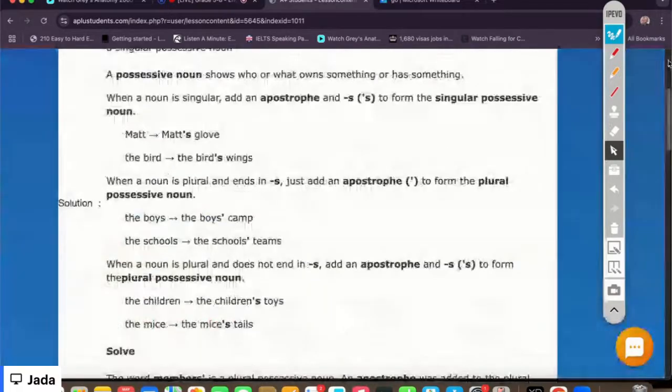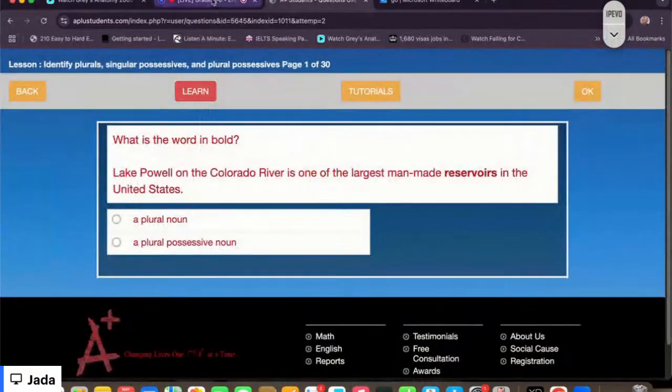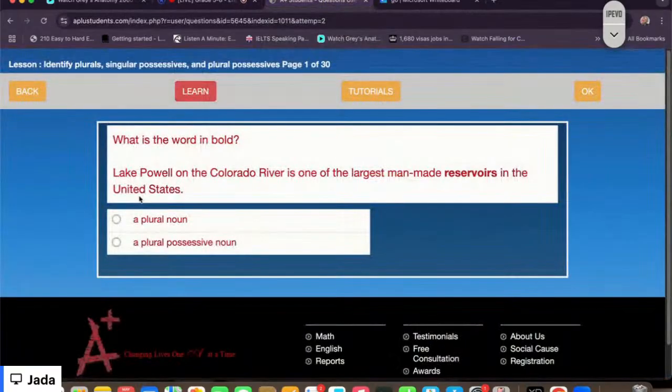Okay, so let's move to the test and you can just share your answers with me if you know them. Okay, so what is the word in bold? Lake Powell on the Colorado River is one of the largest man-made reservoirs in the United States.